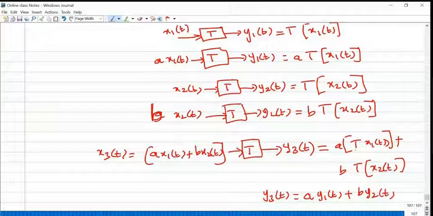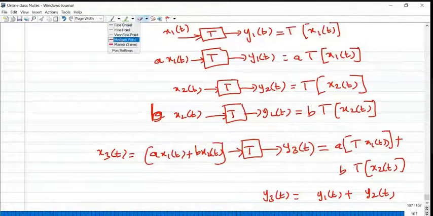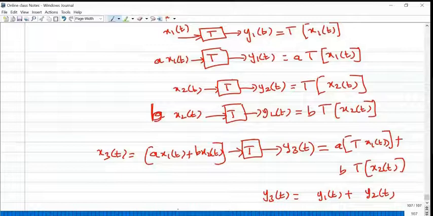Okay. Or in this example directly, we assume like this: x3 of t equal to a x1 of t plus b x2 of t, your y3 of t equal to a y1 of t plus b y2 of t.